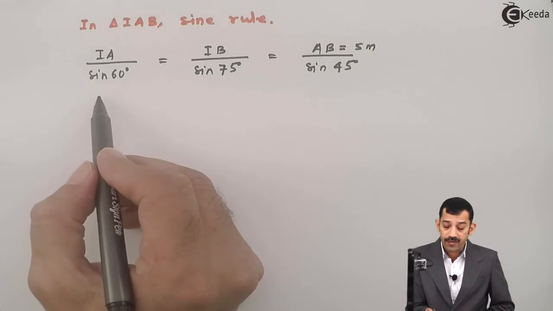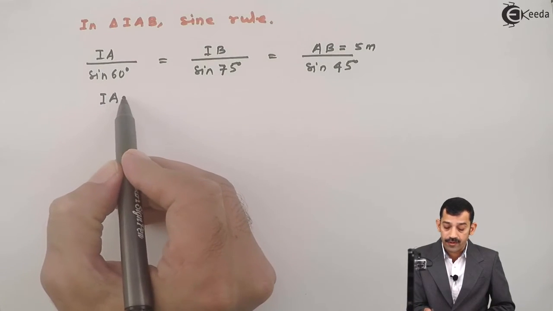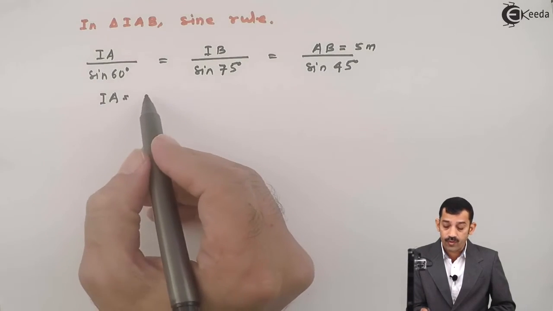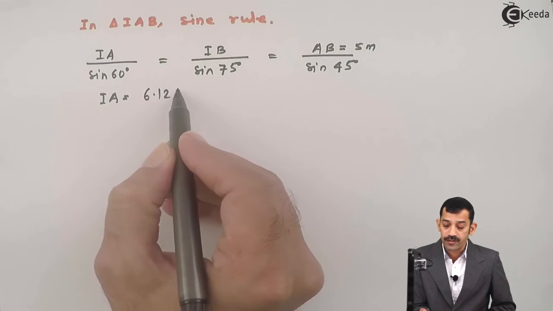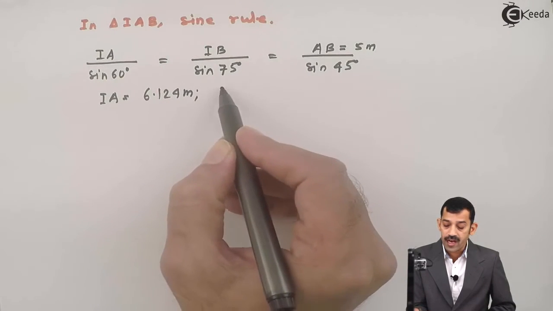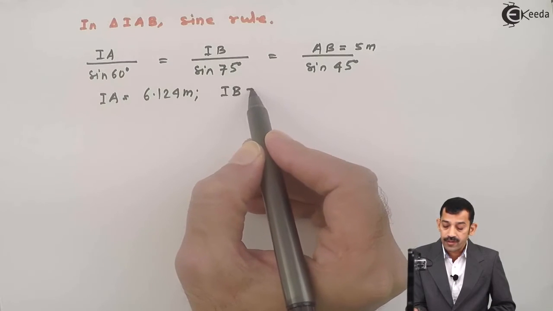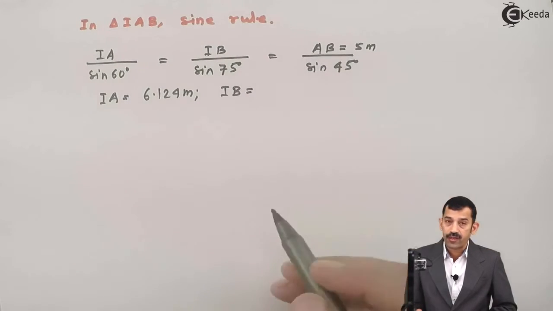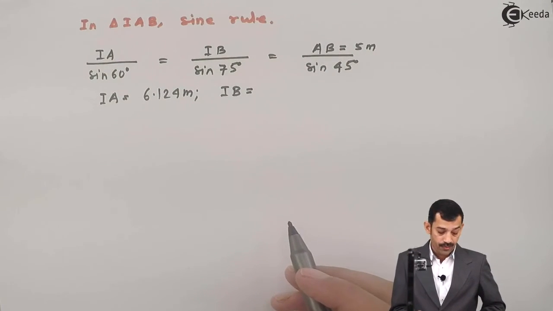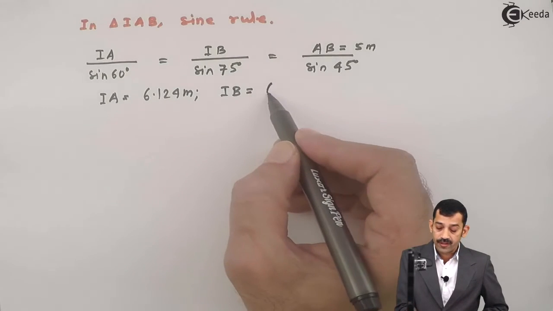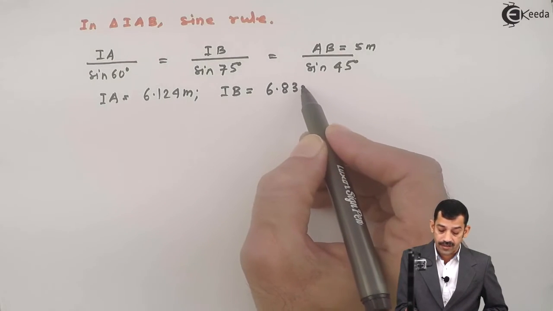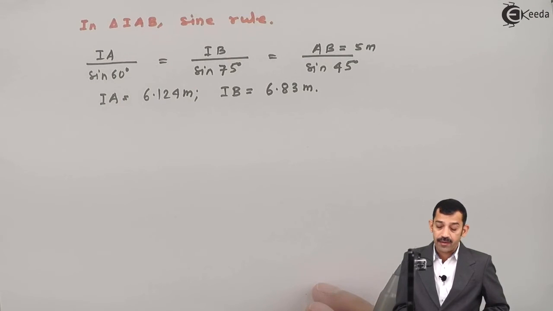So IA comes out to be 6.124 meters. Next IB equals 5 into sine of 75 divided by sine of 45, which comes out to be 6.83 meters.